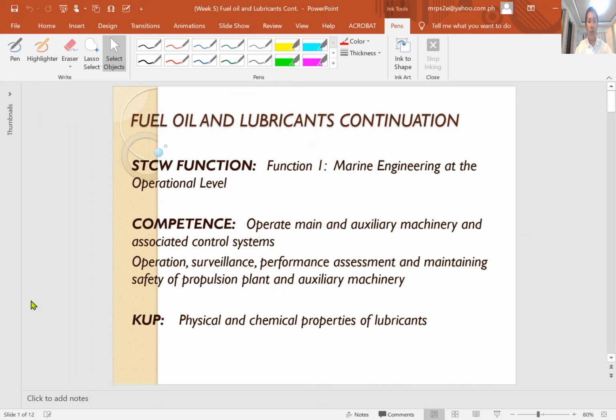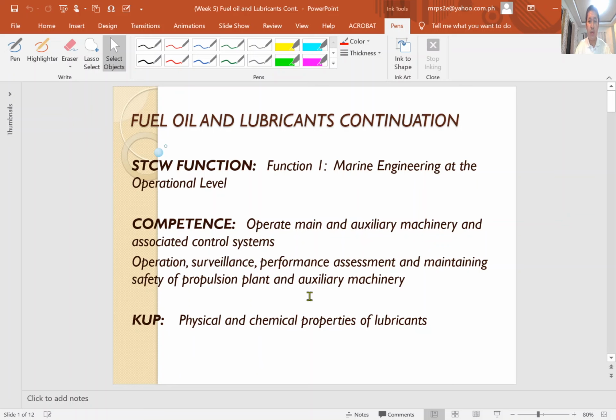Now this topic is fuel oil and lubricants, as a continuation of the previous topic. This topic is taken from Function 1 of the STCW functions, marine engineering at the operational level. The competence: operate main and auxiliary machinery and associated control systems.